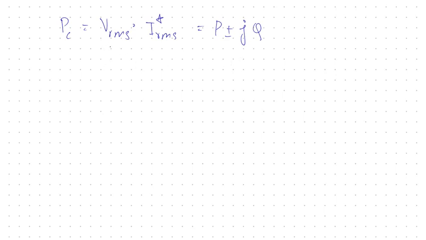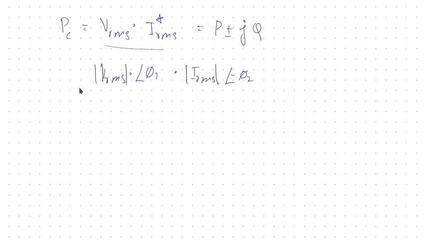So this will become Vrms magnitude angle phi 1 times Irms magnitude, and since we are taking the conjugate, we have a negative sign of phi 2.